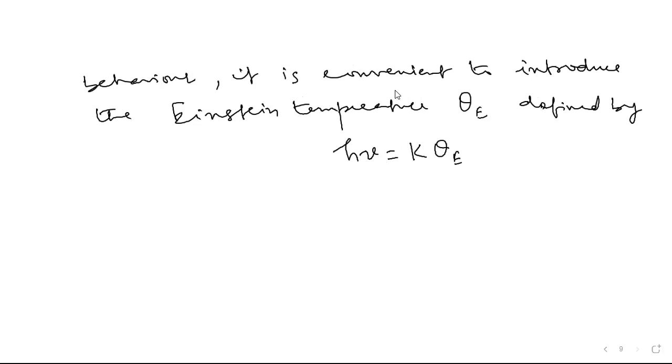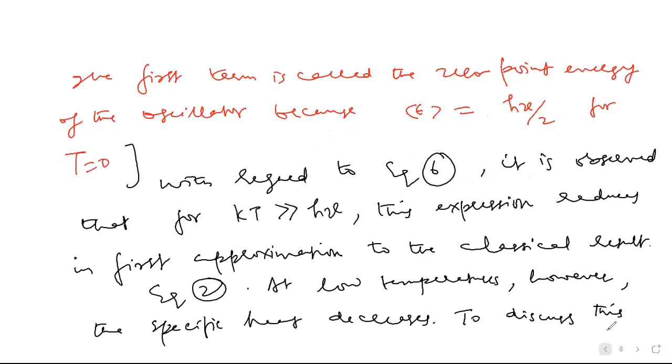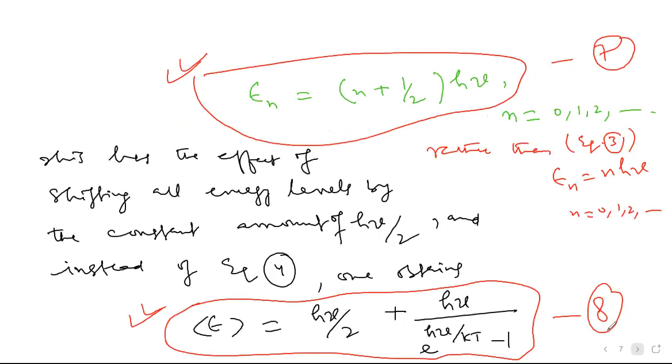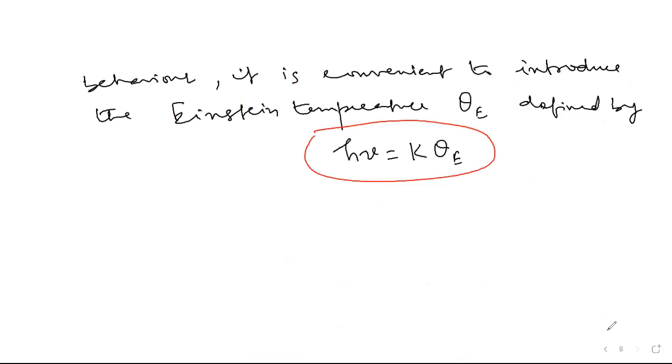This is the defining equation for Einstein temperature. Let me encircle it and name it. This is our equation 9. Right?